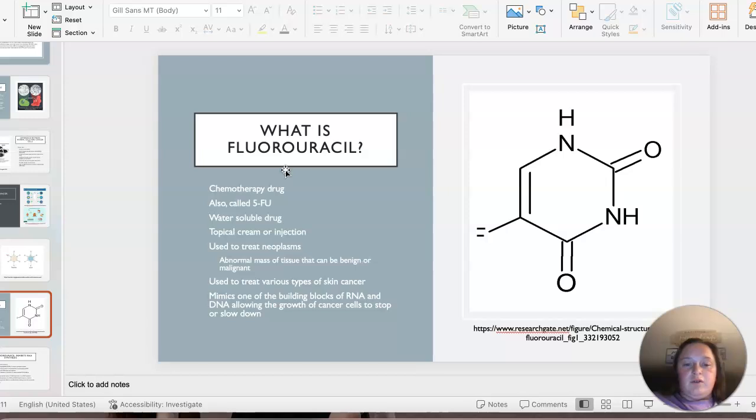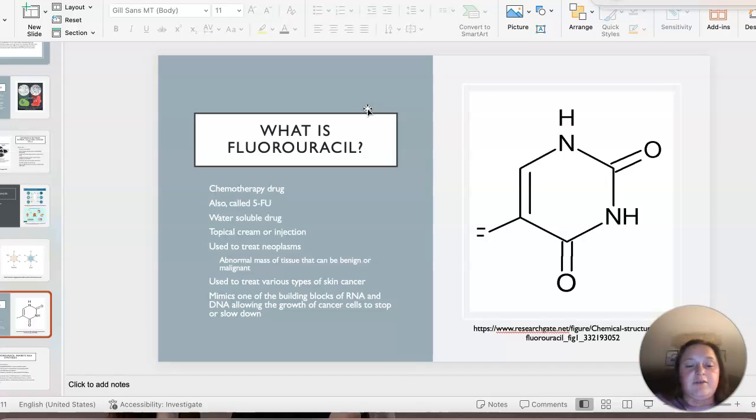What is fluorouracil? It's a chemotherapy drug, also called 5-FU, a topical cream, or it can be injected. It's used to treat neoplasm, which is an abnormal mass of tissue that can be benign or malignant.